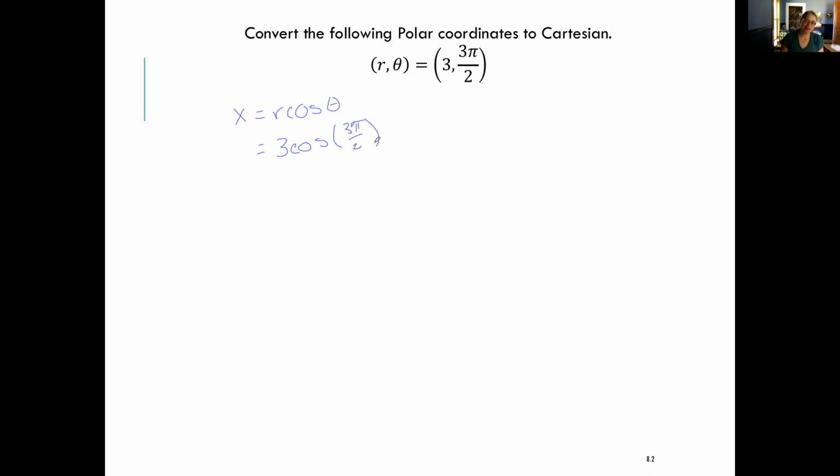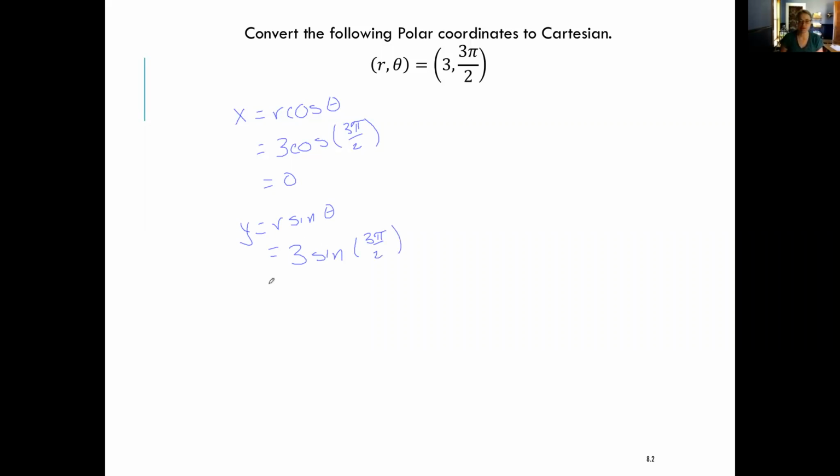We remember that the cosine of 3π/2 is 0, so this is 0. And y is r sine θ, which is 3 times the sine of 3π/2.